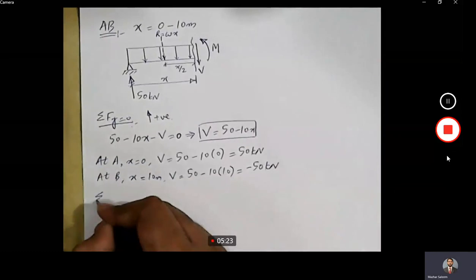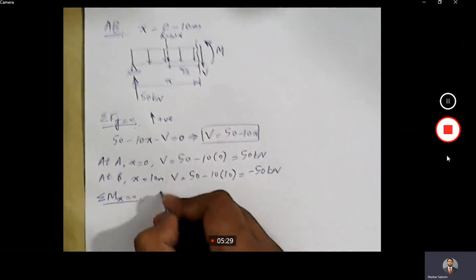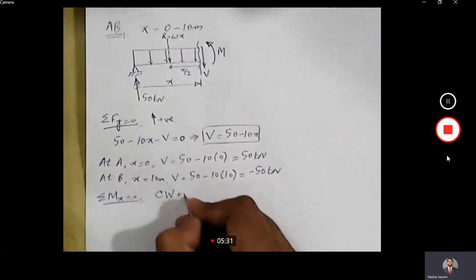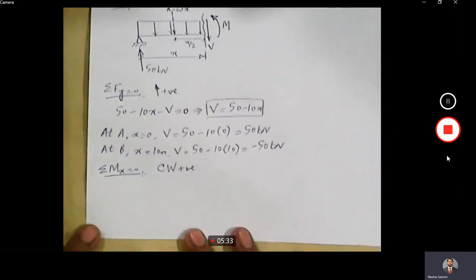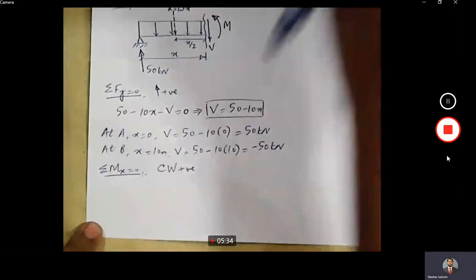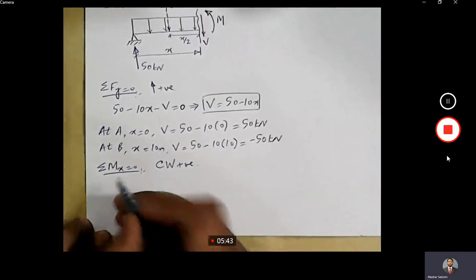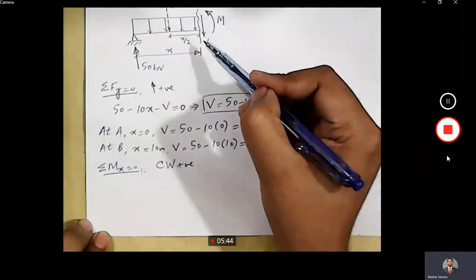Now let's move to bending moment. Sigma mx equal to 0. Convention is clockwise positive. Now let's apply sigma mx equal to 0. So about this section, this 50 kilonewton will produce moment in clockwise direction.